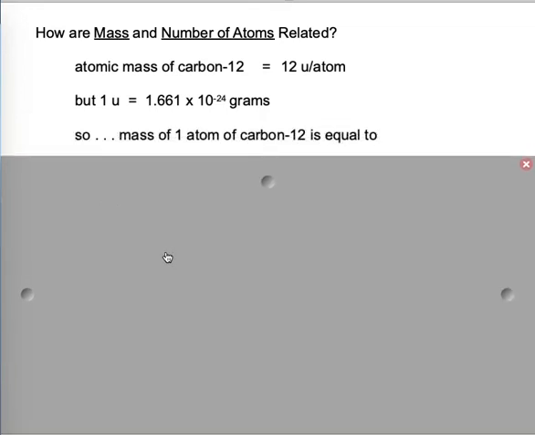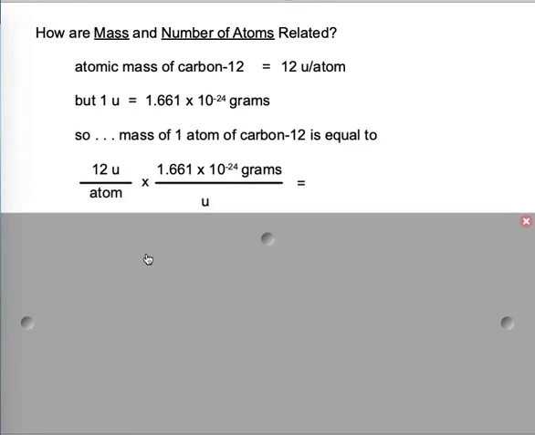So let's calculate the mass of 1 atom of carbon-12 in grams. I'll multiply 12 u per atom by 1.661 times 10 to the negative 24th grams per u. u cancels u, and I get a value of 1.993 times 10 to the negative 23rd grams per atom of carbon-12.